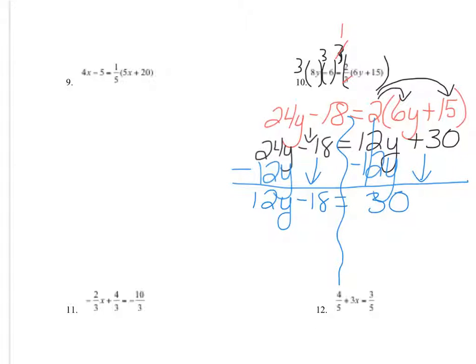Okay, next I have to bring this 18 and combine it with this 30. Opposite sides of the river means I have to do the opposite operation, right? So I'm going to add 18, bring down 12y. 30 plus 18 is 48.